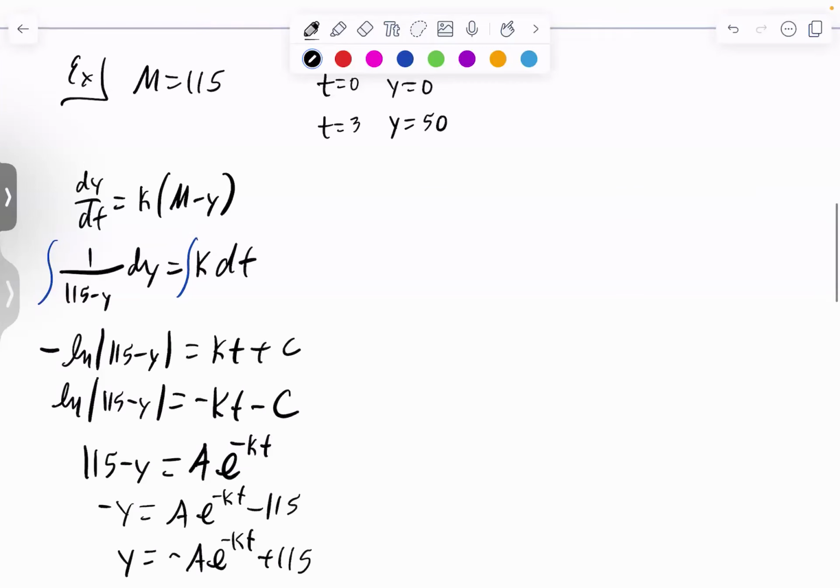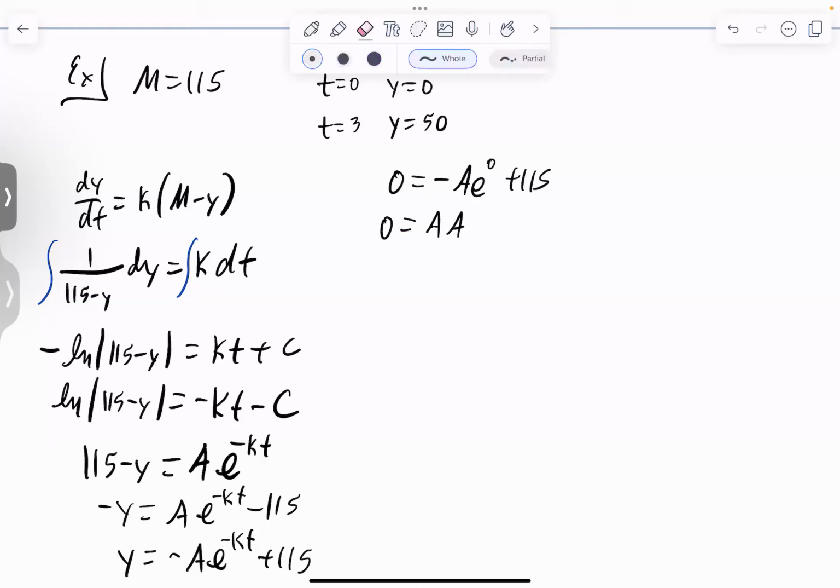All right, I'm going to use my first initial condition, meaning y equals 0. I get negative A, e to the 0 power plus 115. This means A equals 115.